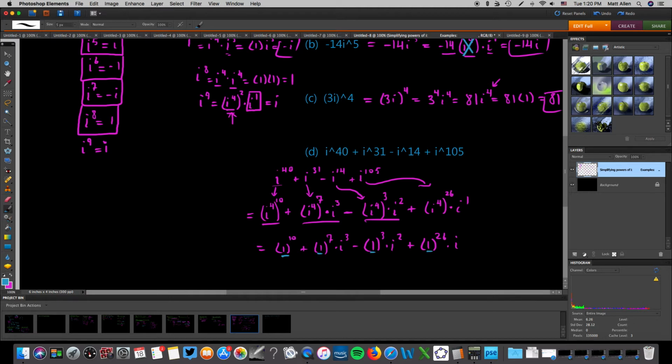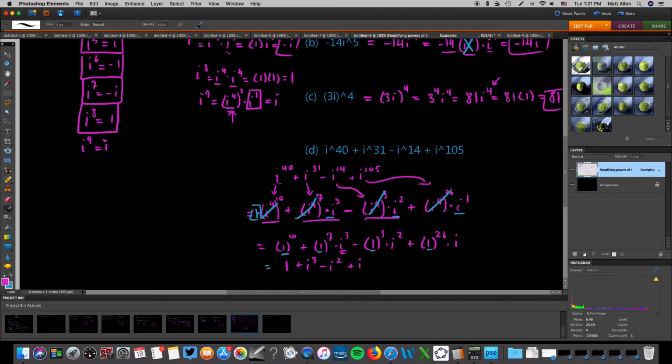So in this original expression, we can really just look at the thing of substance as being what was either in front of this or what it was attached to on the right, because all of these i's to the 4th really just mean 1. So here we get 1 to the 10th, 1. Here we get 1 to the 7th, which is 1, but times i cubed, so really plus just the i cubed part. Minus, this is going to be 1 to the 3rd times i squared, in other words 1 times i squared, so minus i squared. And then this will be plus i.